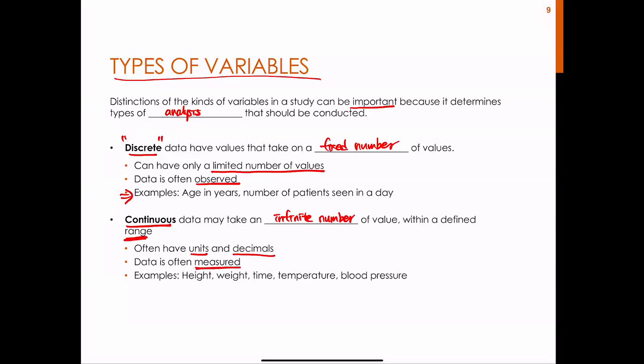Here are examples: height, weight, time, temperature, blood pressure. For time, there are infinite values between 30 and 31 minutes, right? But still they have a specific range. So for quantitative variables, you can have those two types: discrete and continuous.